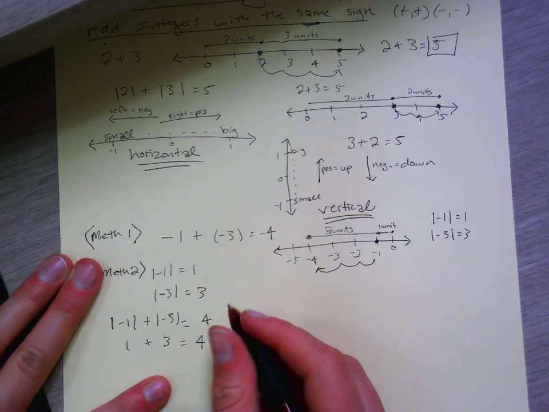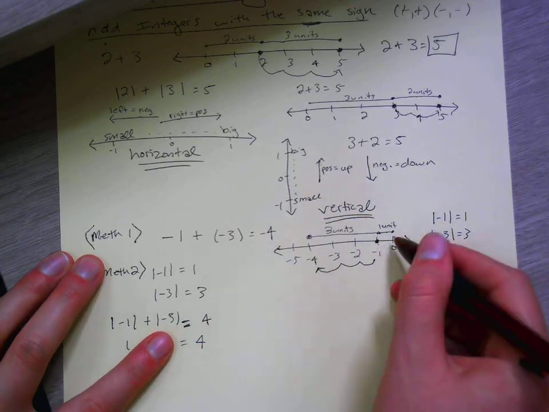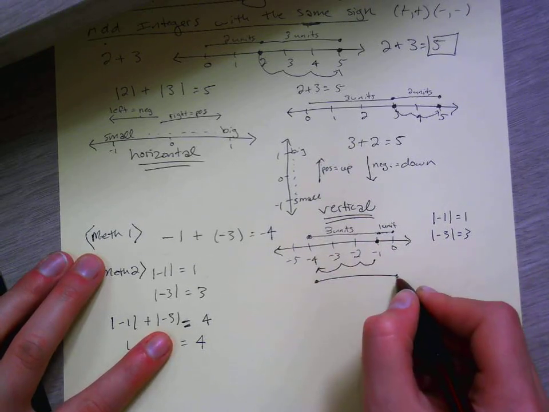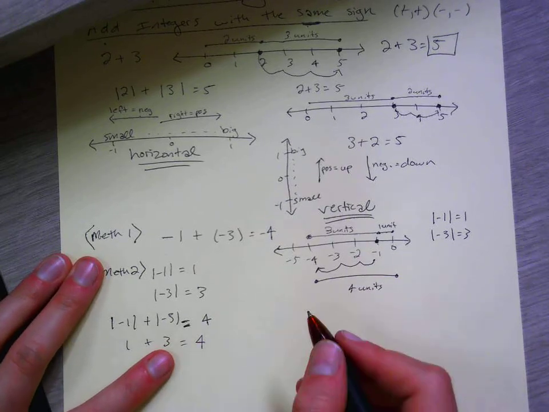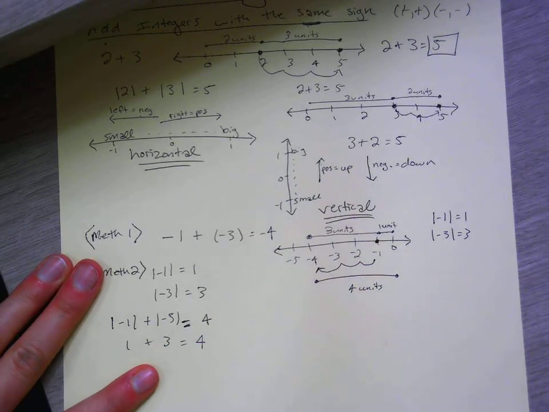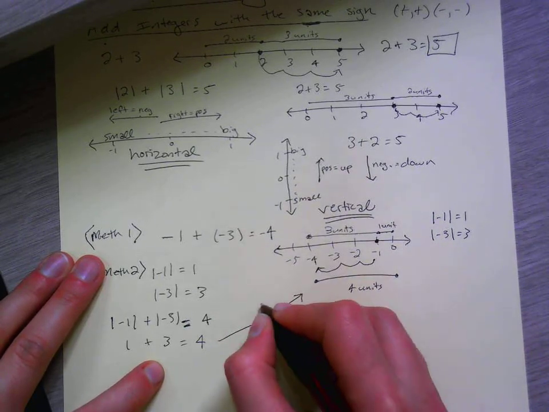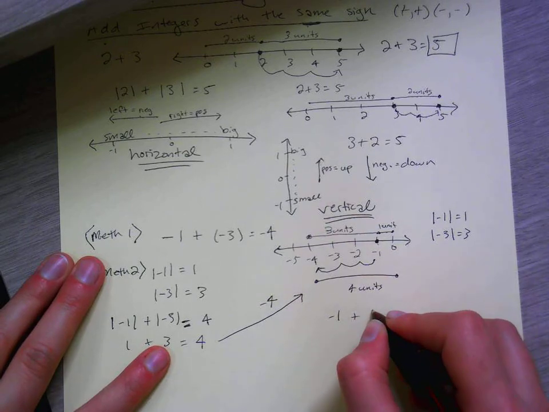So 4 is the distance from 0, because it's 1, 2, 3, 4. So that is 4 units. That's what this number is telling you. And you know that since this goes to the left, it's a -4. Okay, so -1 plus -3 equals -4.